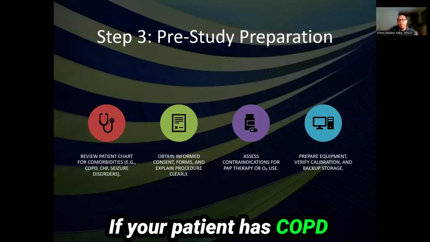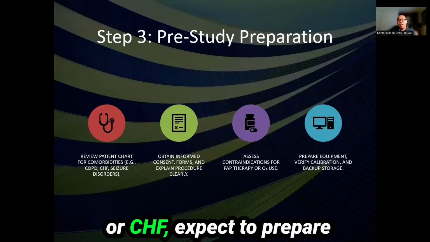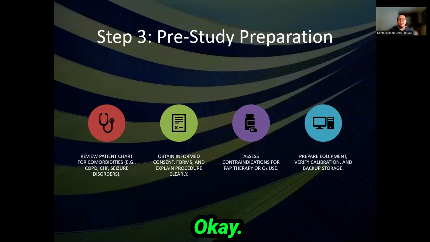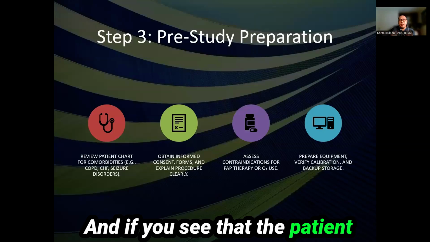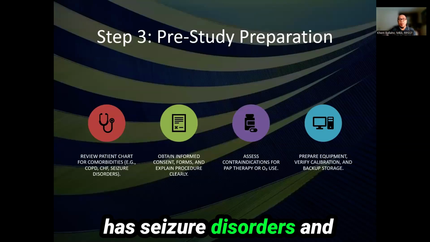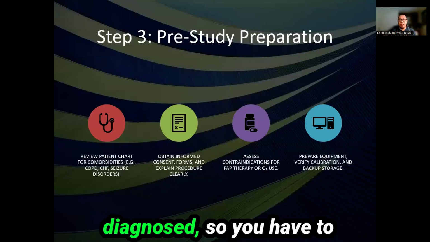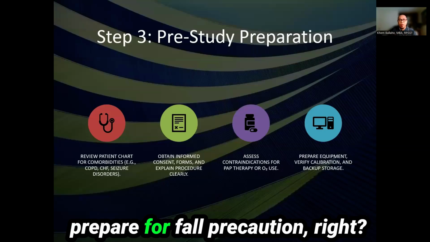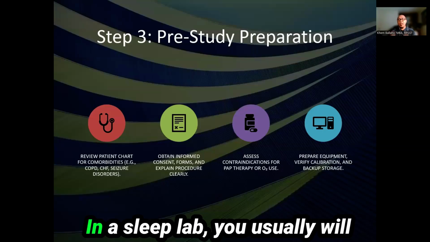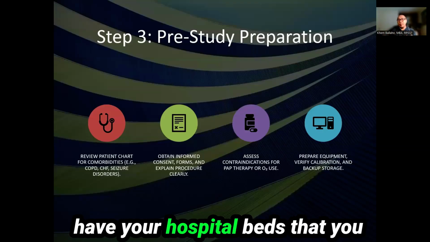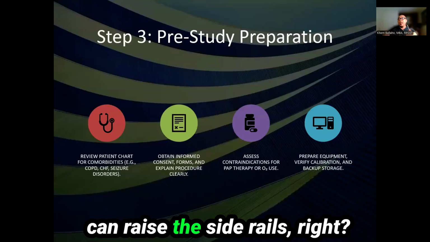If your patient has COPD or CHF, expect to prepare supplemental oxygen. Okay? And if you see that the patient has seizure disorders diagnosed, you have to prepare for fall precaution, or seizure precaution. In a sleep lab, you usually have hospital beds where you can raise the side rails.